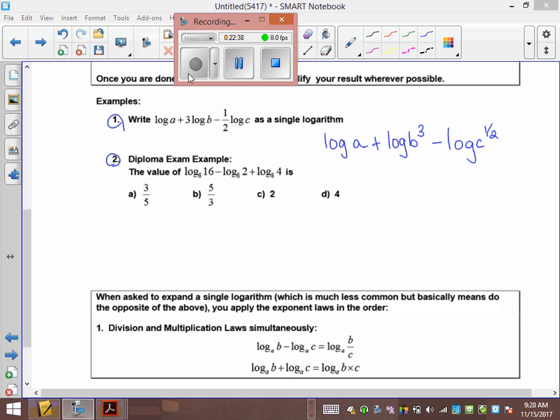So if you want, you can write the 10, and maybe it will help you out. So it would be log base 10 of a b cubed over the square root of c. And you don't have to write the base 10 part. But often they'll turn that half into a square root sign.